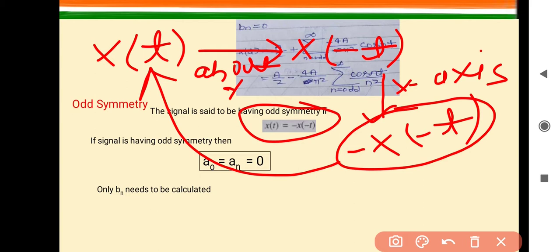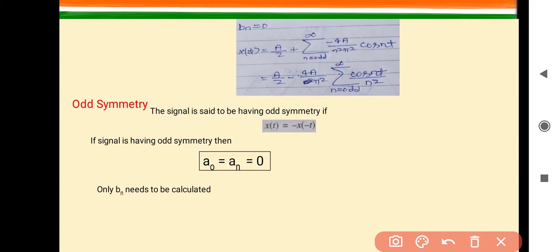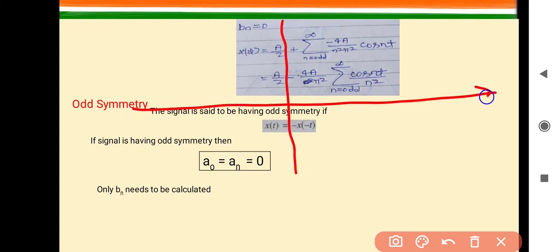So I will give some examples of odd symmetry. If the signal has odd symmetry, it will look like a sine wave. It is called symmetry about the origin.